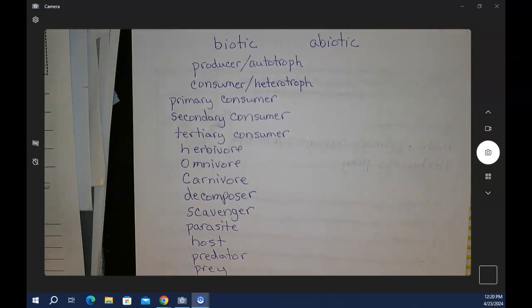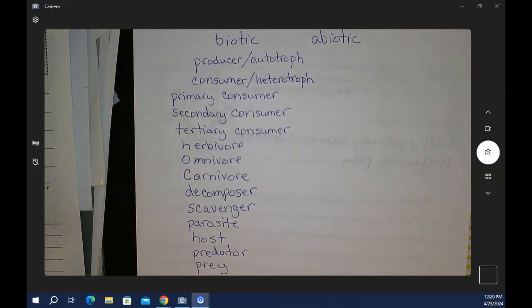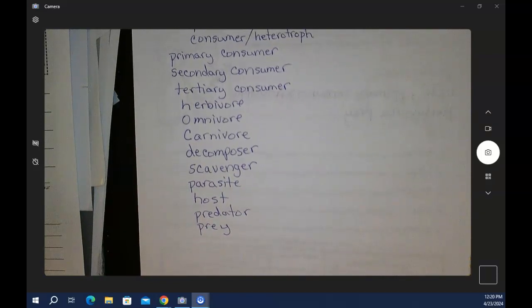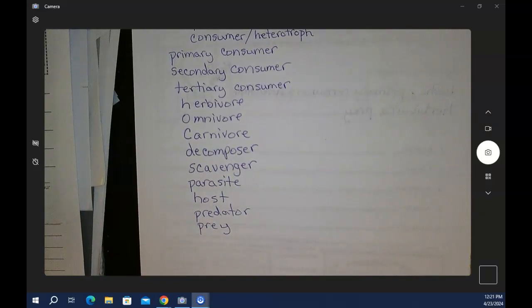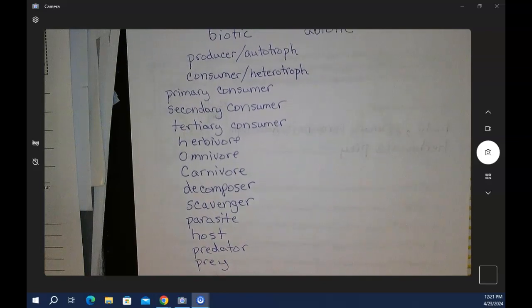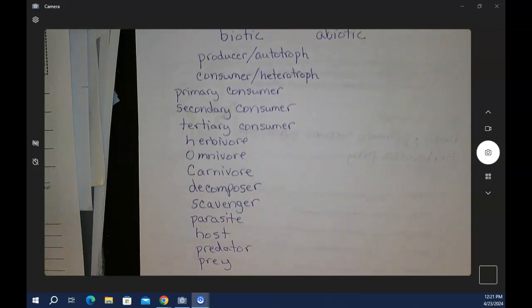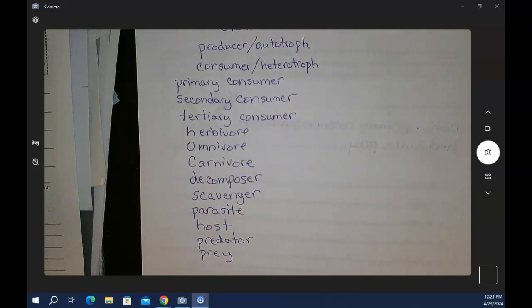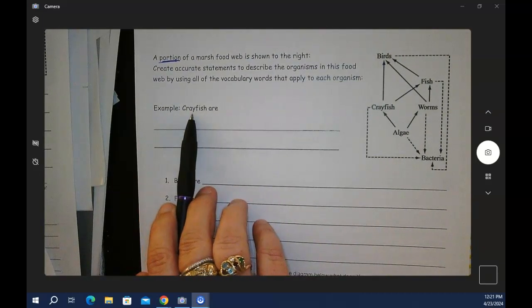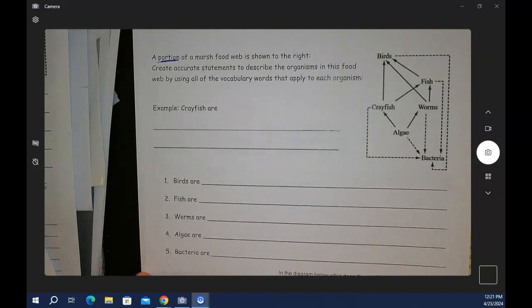So we've got producer, which could also be called an autotroph, consumer or heterotroph, the different types, primary consumer, secondary consumer, tertiary consumer, herbivore, omnivore, carnivore, a decomposer, a scavenger, a parasite, a host, a predator, or prey. So once you copy all of those onto the back of your page, those are the words that we're going to be using when we describe the various organisms.